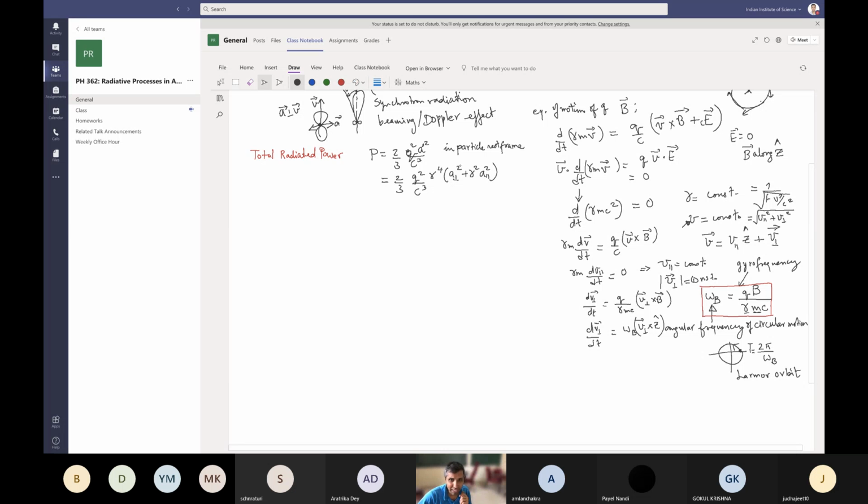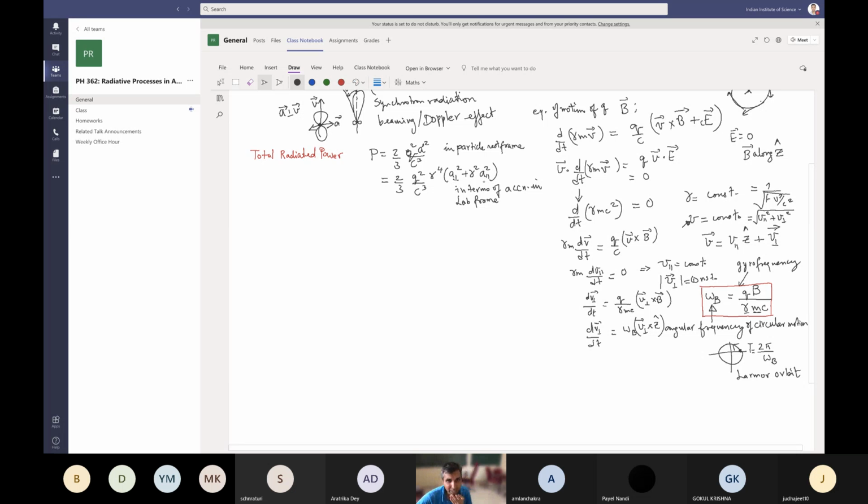This is a Lorentz invariant, so the value of this evaluated in any frame will be the same, but we can write it in terms of acceleration in the lab frame, in which these charges are moving relativistically fast.